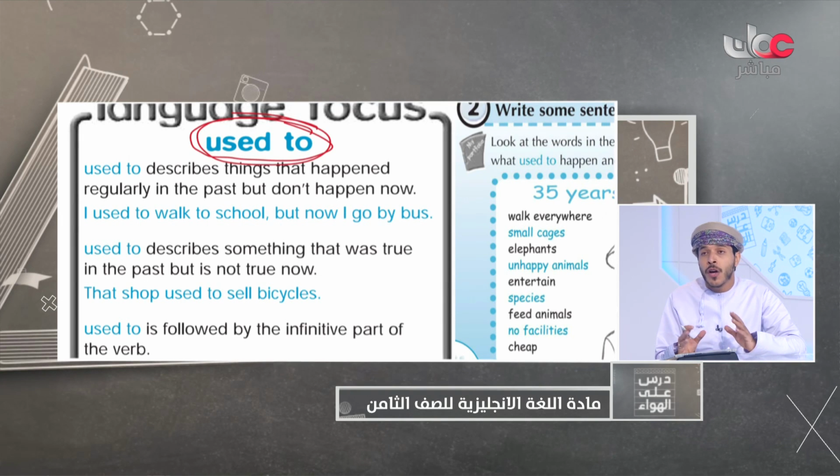Don't say I used to playing or I used to played, I used to walking. No, it's wrong. You have to say I used to play. Put it in the infinitive form without any addition. I used to play, I used to walk, I used to speak, I used to play some video games, but now I play nothing. Okay?